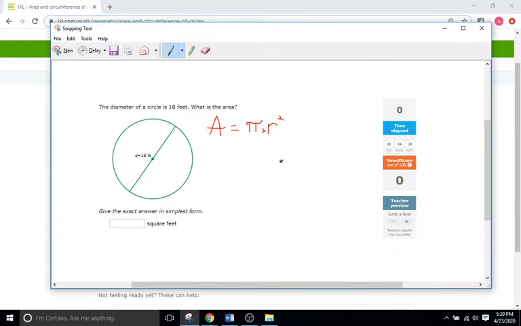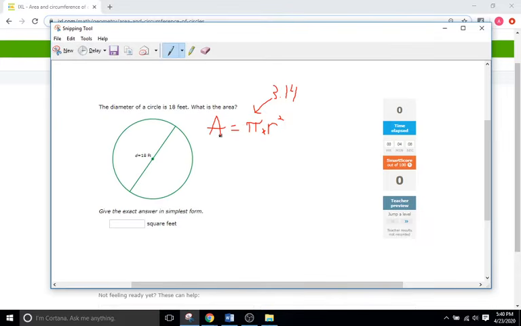It's the same thing. Whether you hear pi r squared or pi times r squared, it's the exact same thing. So pi, as you should know by now, is what we call a constant. It's just a number. Pi is always going to equal 3.14. That's what we're going to use anyway.